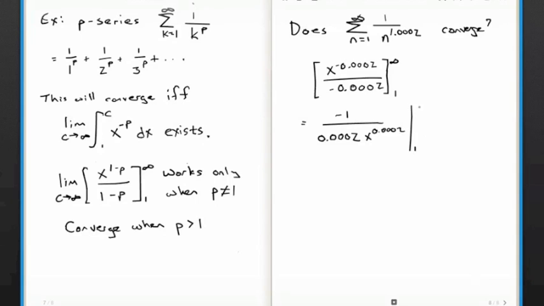And I'm going to evaluate that from 1 to infinity. Well, when I stick an infinity in here, that becomes 0, right? Minus a negative when I stick a 1 in there is just minus negative 1 over 0.0002, because this just goes to 1, which is, I think, 5,000, equals a positive 5,000.